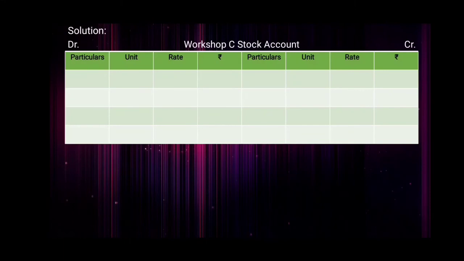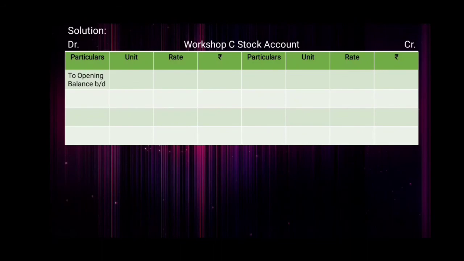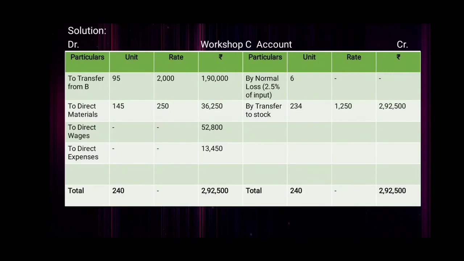So now let us prepare workshop C stock account. Stock on 1/1/2013 at cost is given as 20,000 for workshop C. To opening balance brought down, 20,000. By transfer to stock, that is 234 units at the rate of 1,250, total amount is 2,92,500.